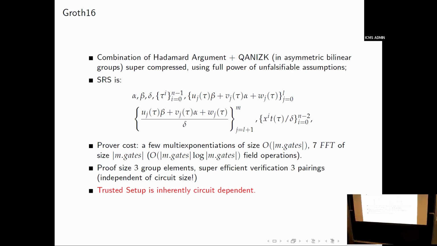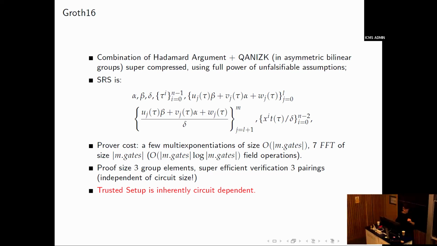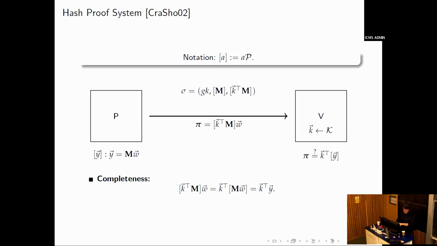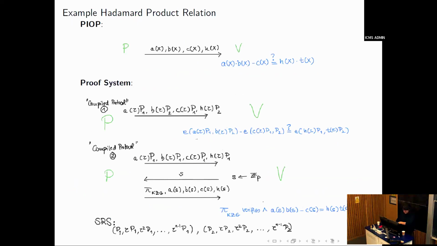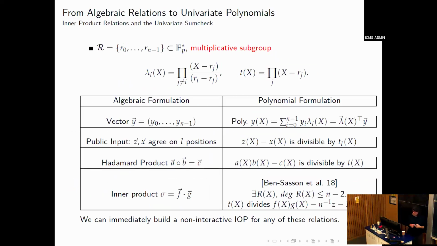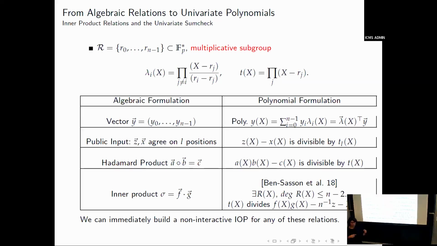Why does it need to compute Fourier transforms? I like Fourier transforms, it's not personal. But why do we need them? Because when we're trying to prove that something is divisible, we need to do multiplications of polynomials and so on.